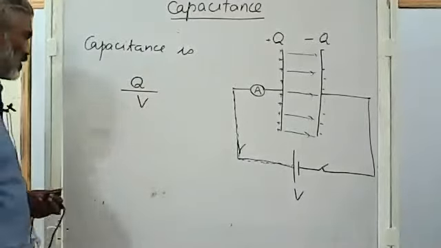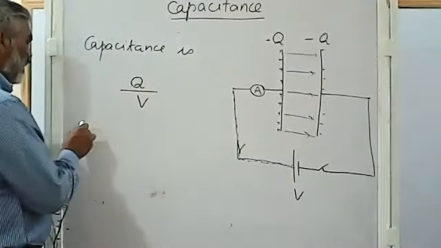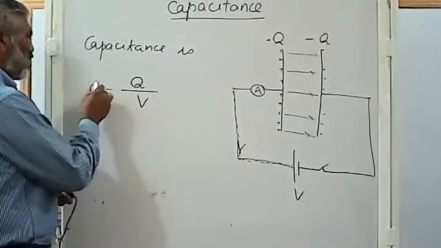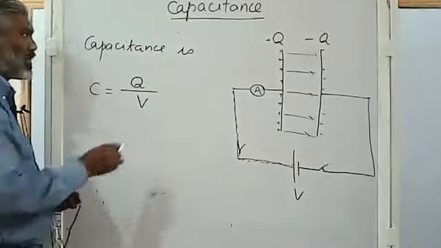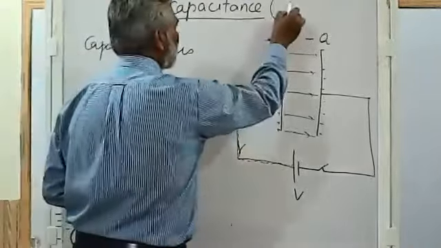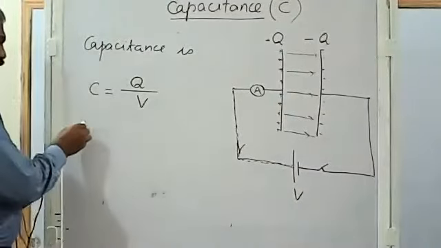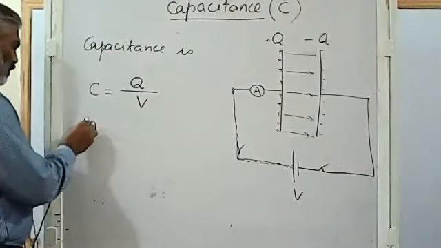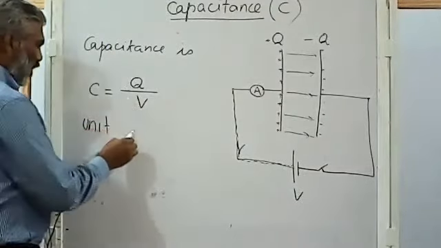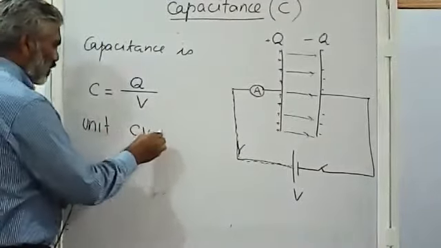So simple definition. It is always capital C that is used as the symbol of capacitance. So you will remember capital C as capacitance. The unit is clearly coulomb per volt.